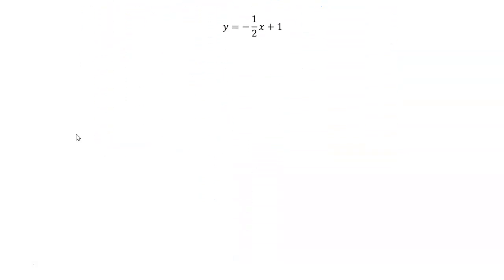So here I've got y equals negative half x plus 1. So my y-intercept is equal to 0, 1. And my gradient is equal to negative 1/2.